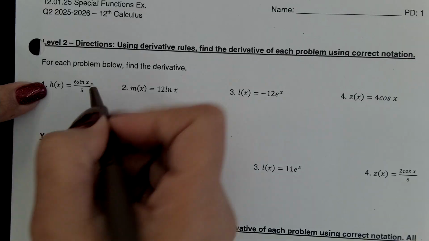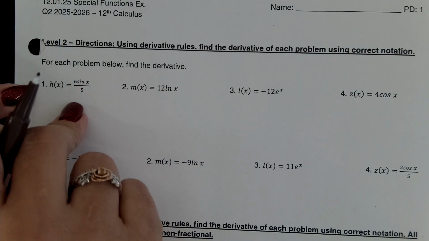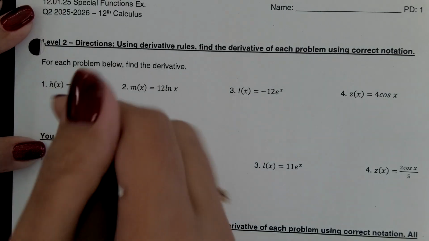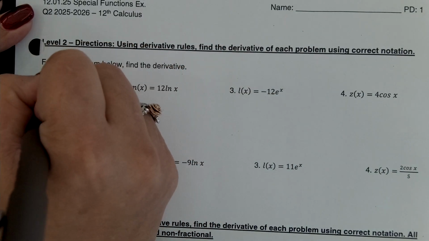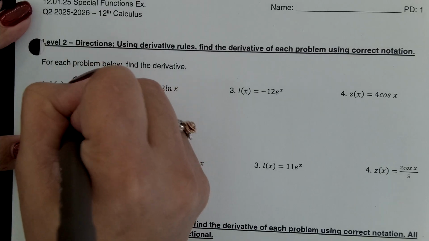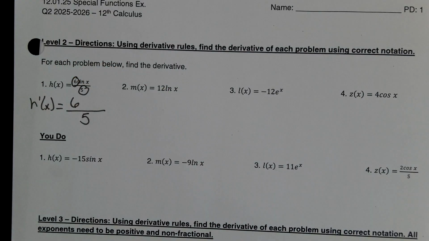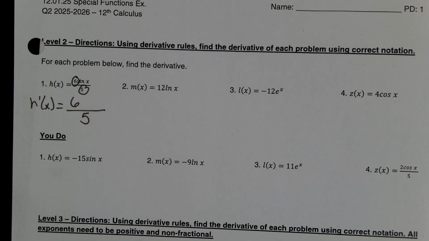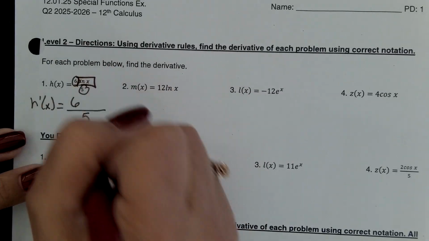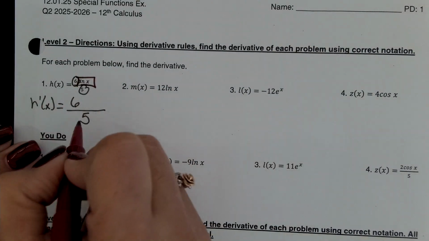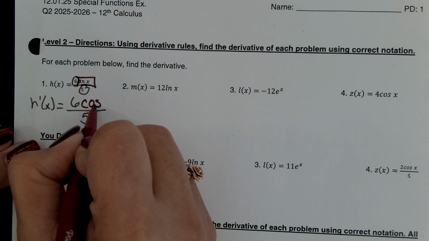So we have h of x is equal to 6 sine x over 5. 6 over 5 does not change. Coefficient does not change. Yes, it is a fraction. A fraction can be a coefficient. But the thing that changes is sine. What does sine become? Cosine.